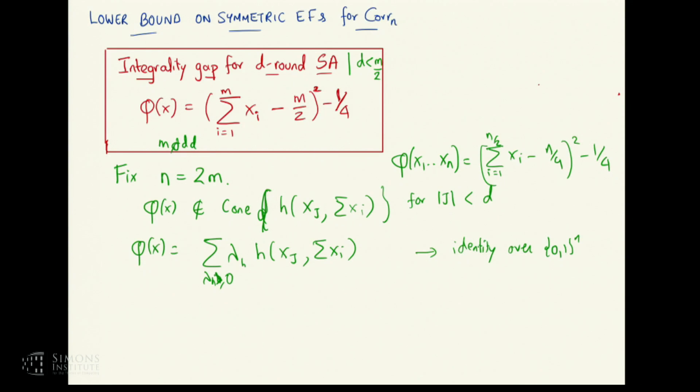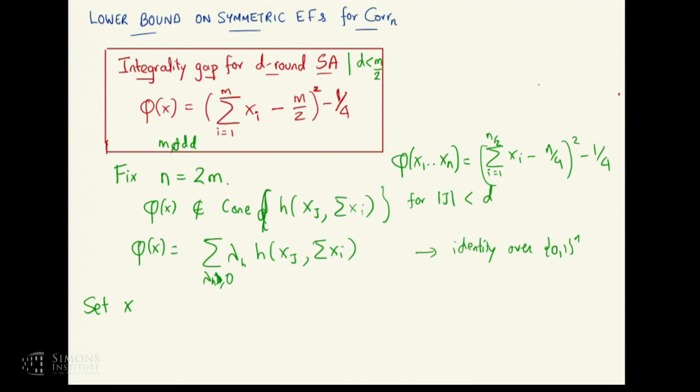Okay, so now the little trick is we just want to somehow eliminate this summation x_i, because if we could eliminate summation x_i, then we'll say phi is a combination of juntas, which would be a contradiction. And the little trick is you just apply a substitution here. So imagine setting the second half of your x1 through xn as the complement of the first half.